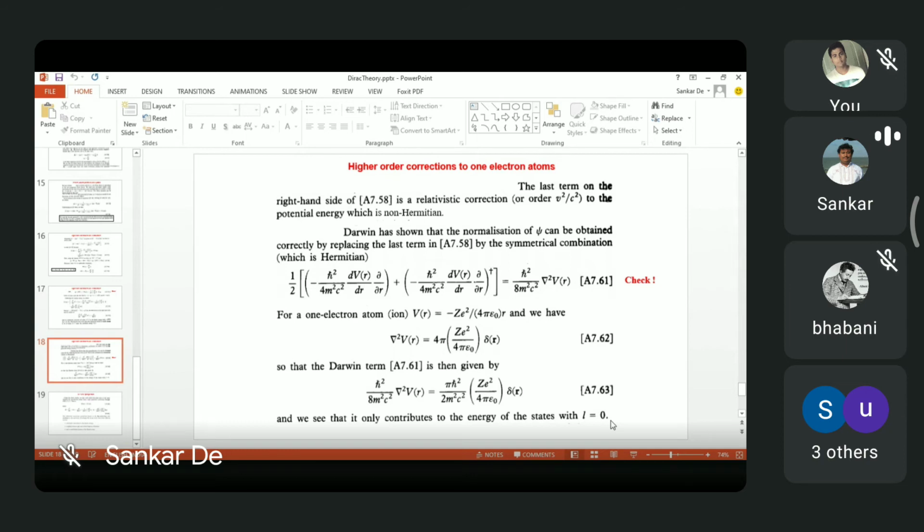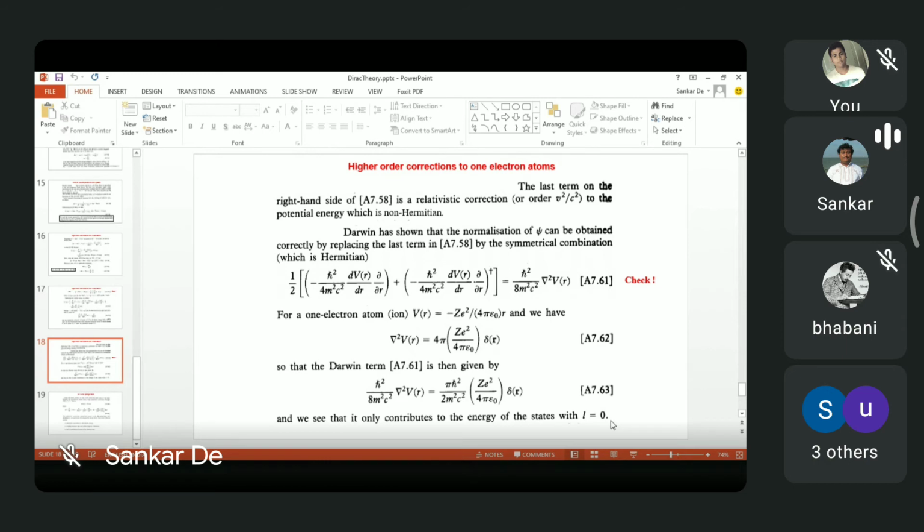And now grad square Vr we can expand by taking, for a one electron atom, the potential minus Ze square by 4 pi epsilon 0 r. Since it is a central field or Coulomb potential, grad square V will have a delta function. This you probably have also done. This is a very common question in interview boards.